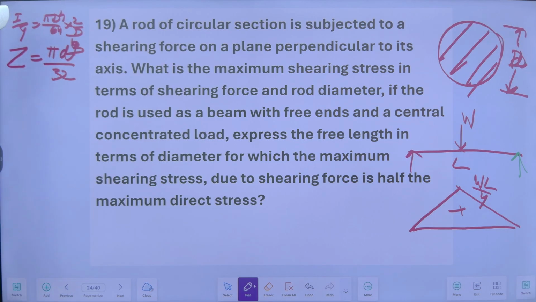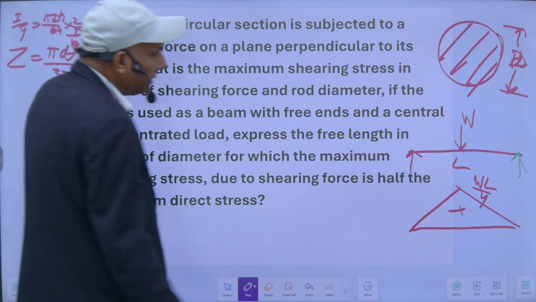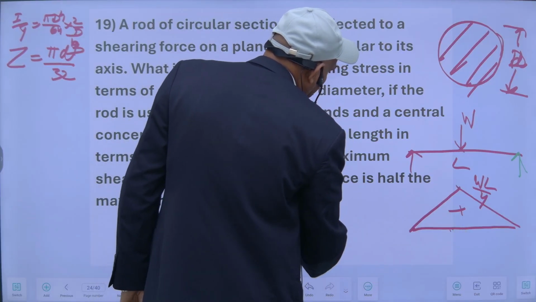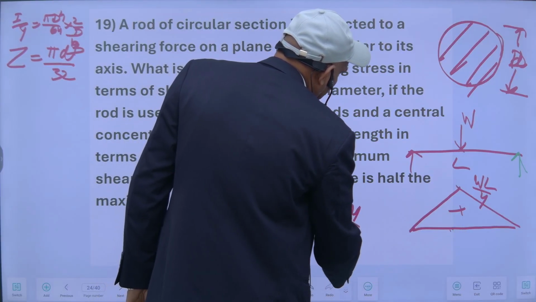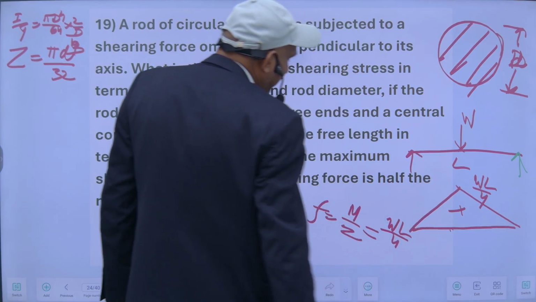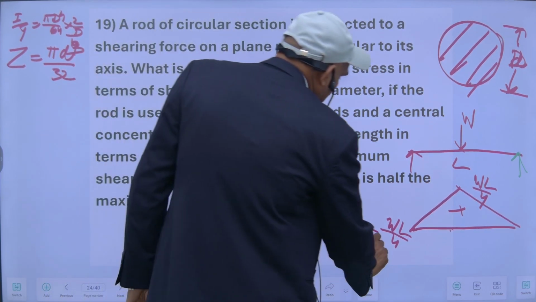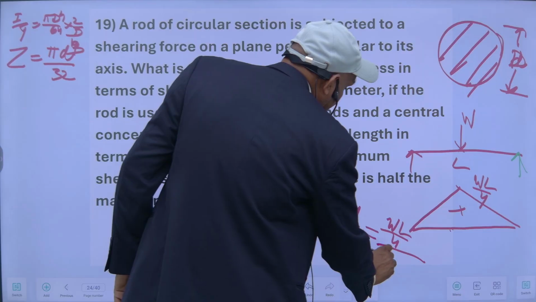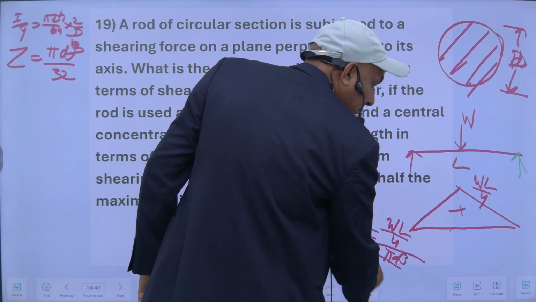This is the section modulus. So if I calculate its bending stress, f is equal to M upon Z. What is M? M is WL by 4, divided by the section modulus, which is pi d cube upon 32.